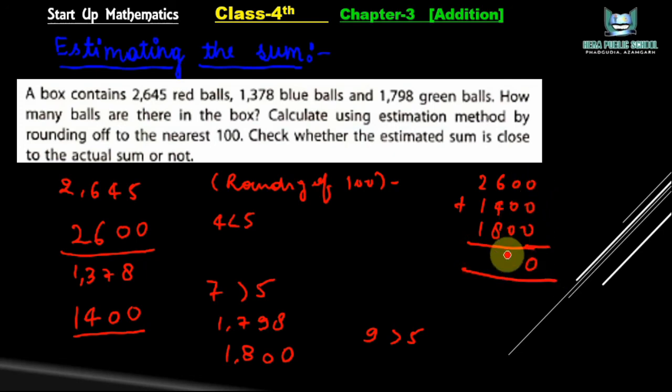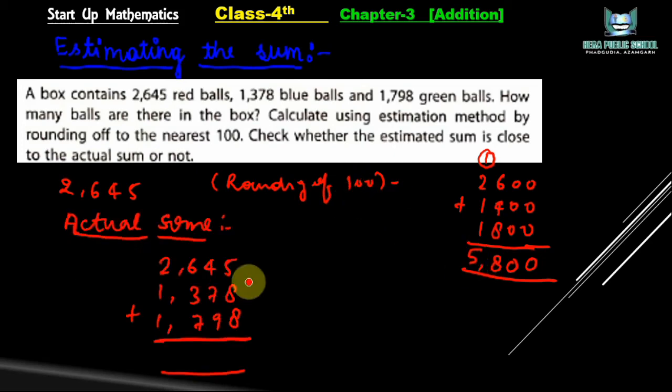Here also 0 plus 0 plus 0 is equal to 0. 6 plus 4 10 and plus 8. 10 plus 8 is equal to 18, carry 1. 2 plus 1 3. 3 plus 1 is equal to 4, and if we add 1 carry we get 5. So your estimate sum is 5800.